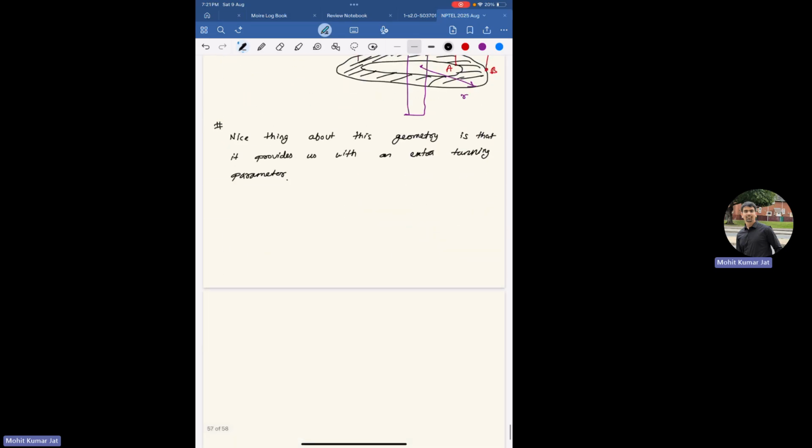In addition to the background magnetic field B, which is penetrating the sample, we can thread an additional flux phi through the center of the ring.